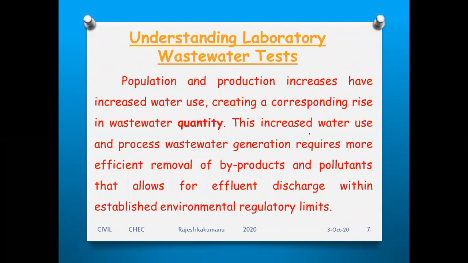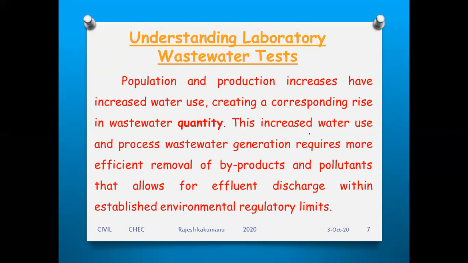Whenever the population and the production processes increase, the consumption of food is also increasing, right? So the population and production increases have increased the water use. The production in the factories, different products, multiple products, mass production, keeps on increasing.